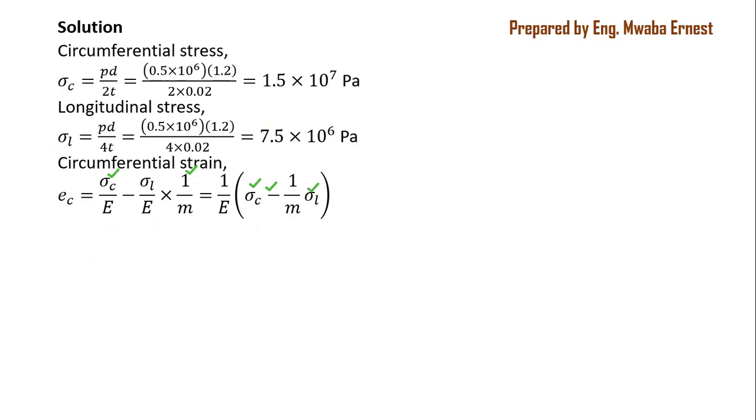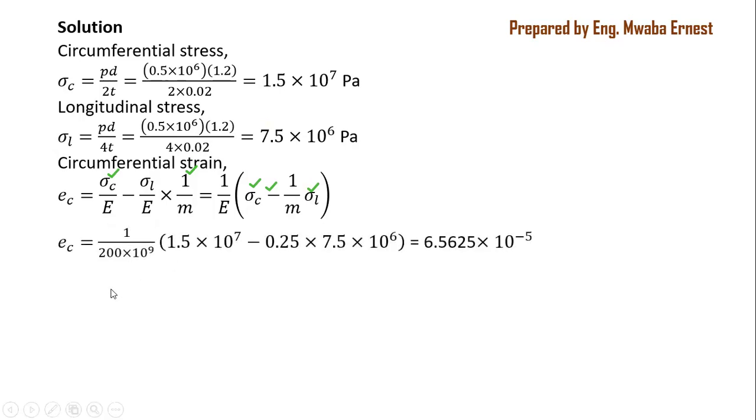Then, of course, we can now just do the substitution. We start with the 1 over E. So 1 over our E, the Young's modulus, which is 200 by 10 power 9. Then open brackets, we have circumferential stress, which is 1.5 by 10 power 7.